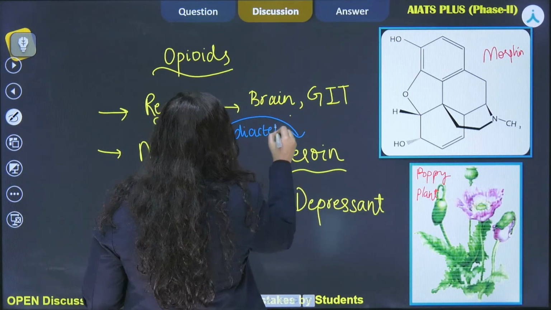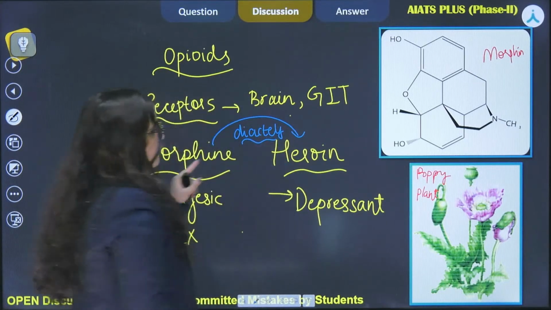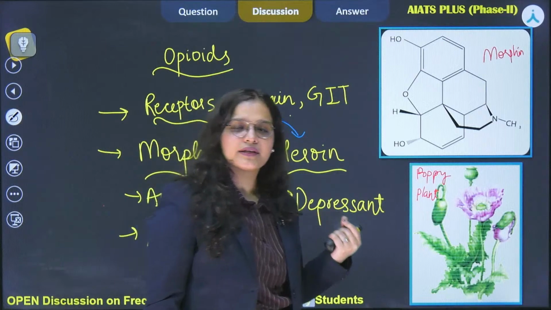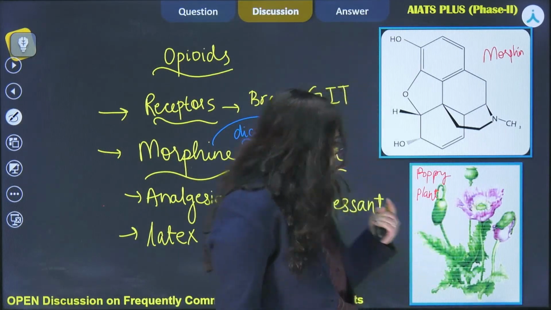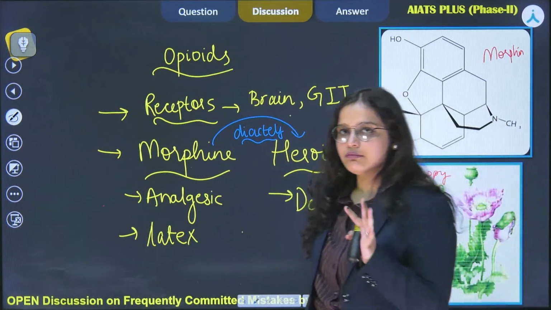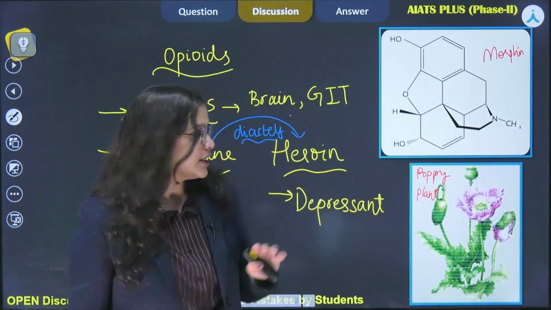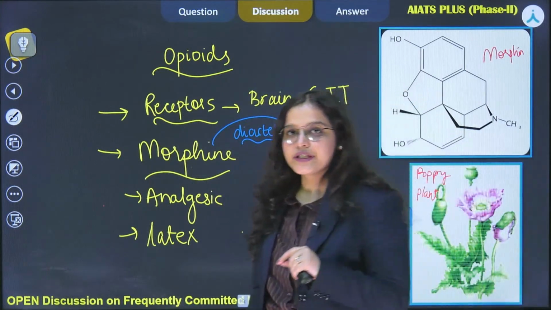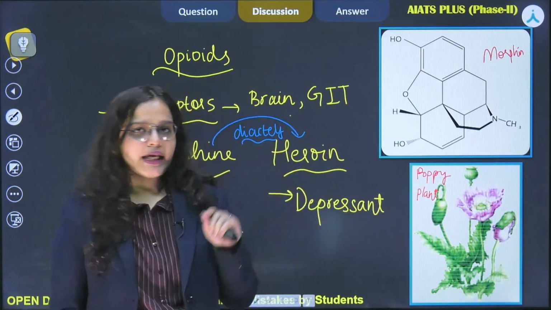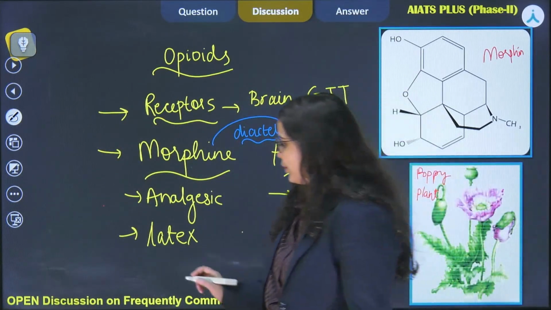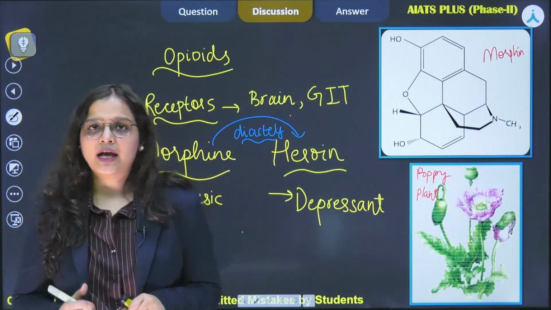Diacetylation of morphine will form heroin. Heroin is basically a bitter crystalline substance and it is abused as a depressant by various drug abusers. So this is the basic about the opioids, and it is often taken by injection and inhalation. This is also an important point on which a question can be asked.